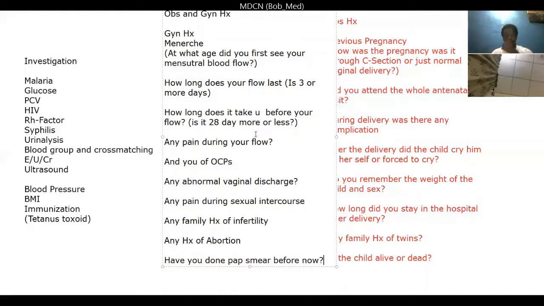Is it 28 days? So this is talking about the cycle, the total length of the cycle. Please, you're asking about the cycle here.